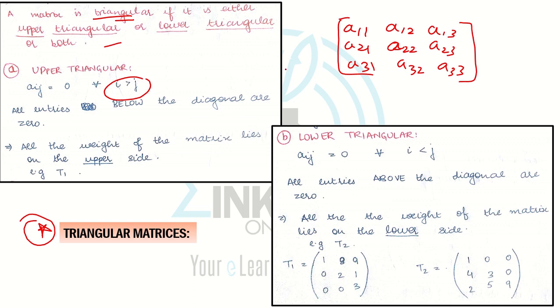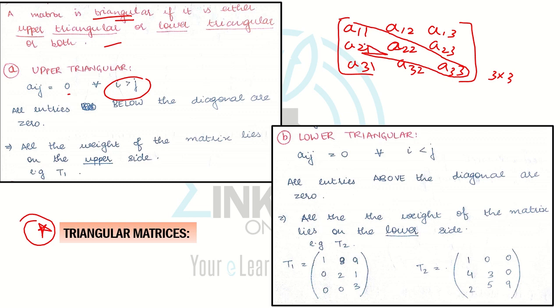This is a standard 3 cross 3 matrix, right? What you're saying is that Aij is equal to 0 for all i greater than j. Now, like I had said earlier, you should always remember that i represents the row, j represents the column. So, i greater than j would mean that the row number is actually greater than the column number, which is going to happen for, if you look at it very carefully.